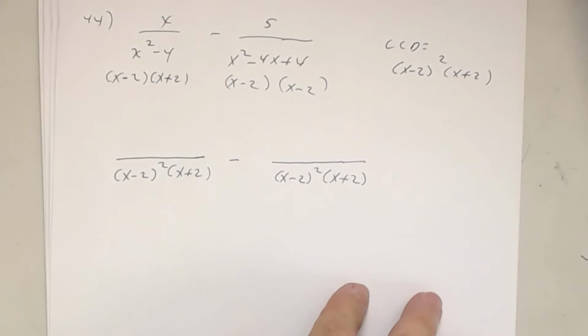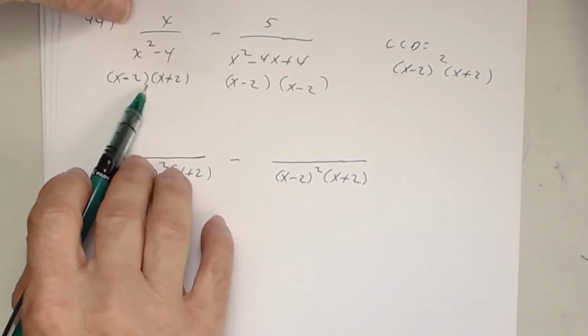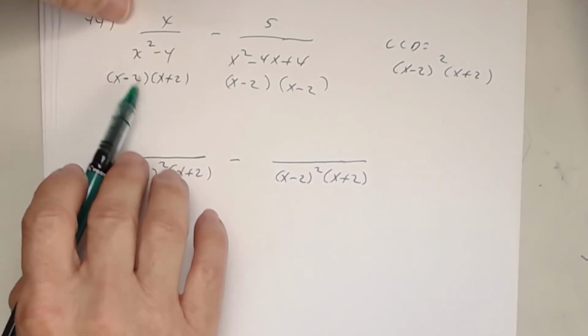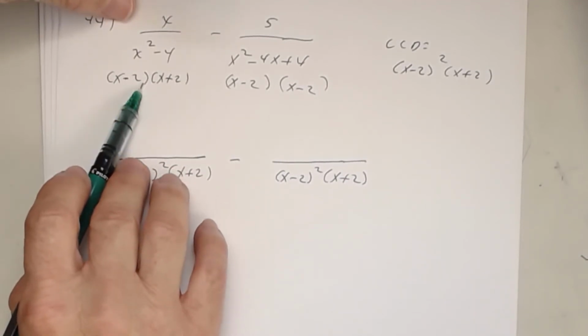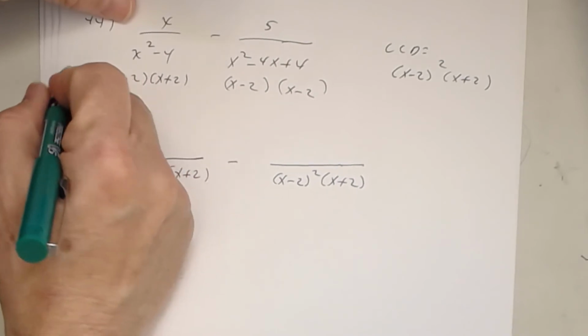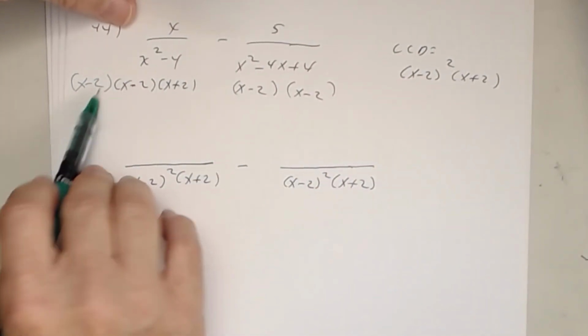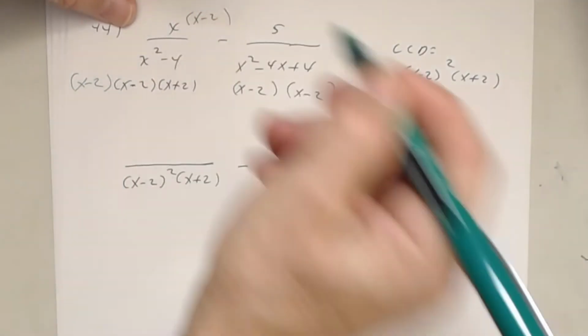Okay. All right, now we're going to write equivalent fractions. This is what I have. This is what I need. Do I have everything I want in this first fraction? What's missing? x minus 2. So I've got to multiply this by x minus 2. What I do to the denominator, I have to do to the numerator.